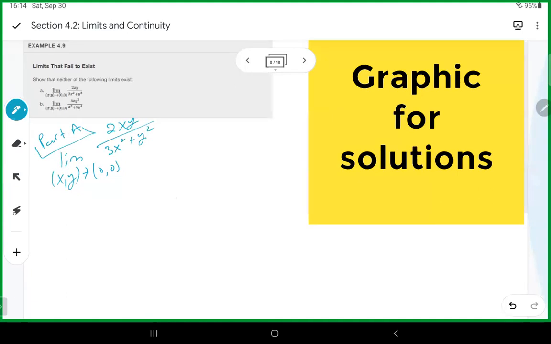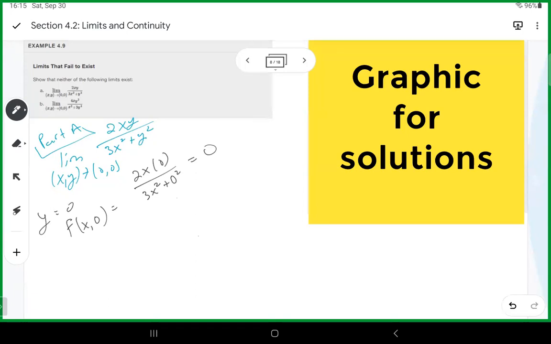If we sub in y equals 0, so essentially we're doing f of (x, 0), we would get 2x times 0 over 3x squared plus 0 squared, which is going to zero out for any value of x. Therefore the value of f remains constant for any point on the x-axis, and as y approaches 0, the function remains fixed at 0.